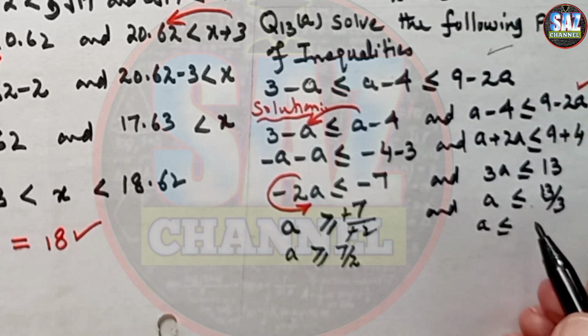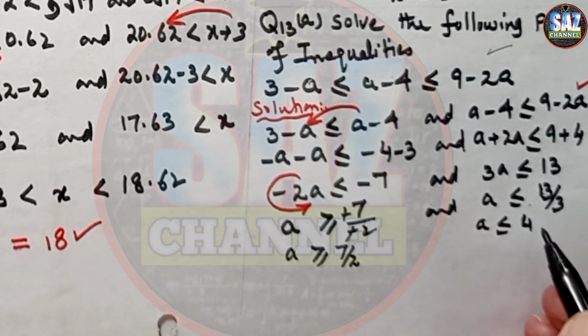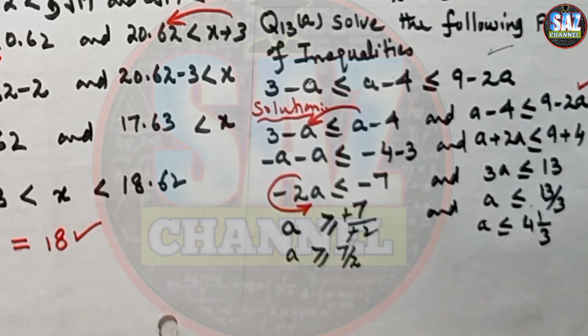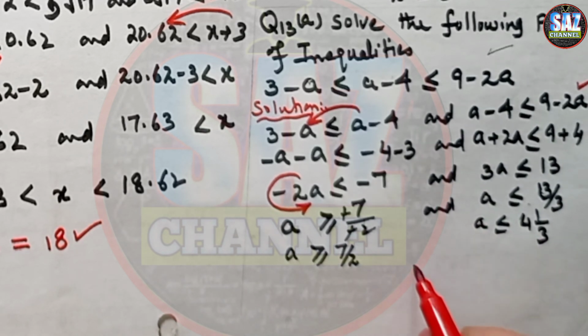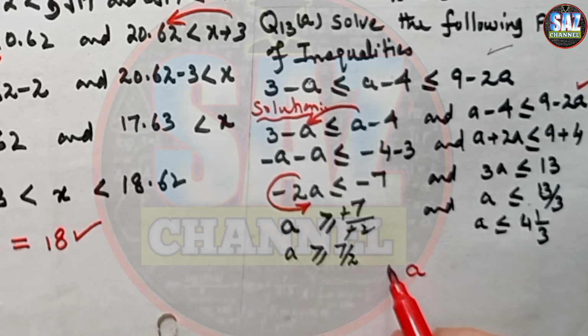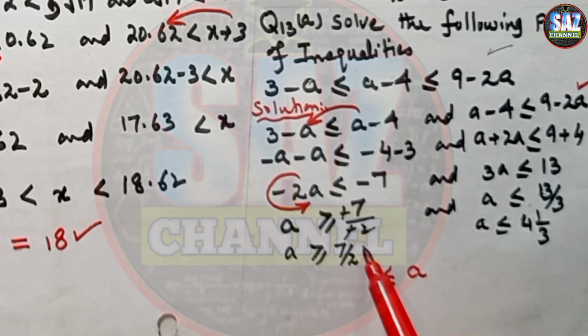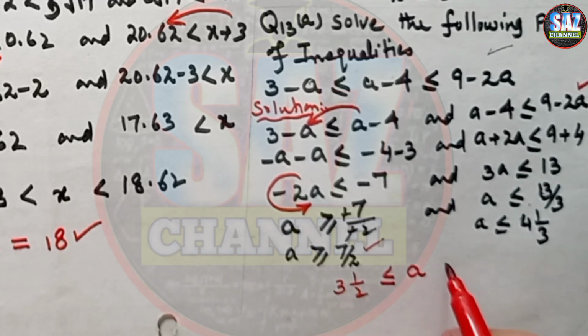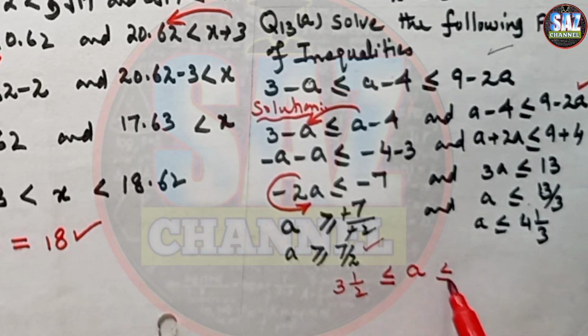A is less than or equal to 4 whole 1 by 3. So I have to write the expression in form of the range values, that a is greater than or equal to 7 by 2, that is 3 whole 1 by 2, but less than or equal to 4 whole 1 by 3.